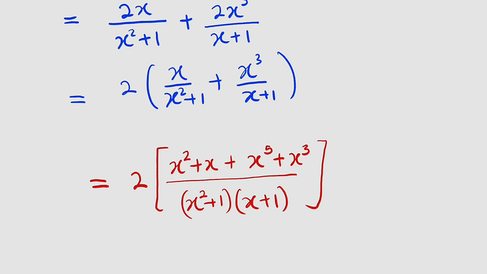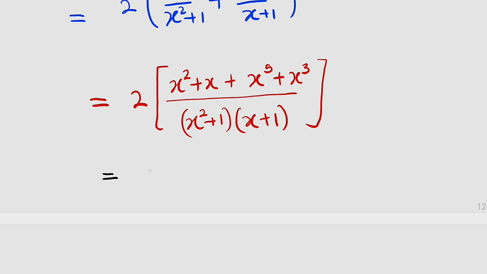Now let us expand the denominator. This is equal to 2 multiplied by the whole of, this is going to be equal to 1 as well because it is x to the power of 5. So to the top we have, let me write them in ascending order, 1 plus x squared plus x to the power of 3.